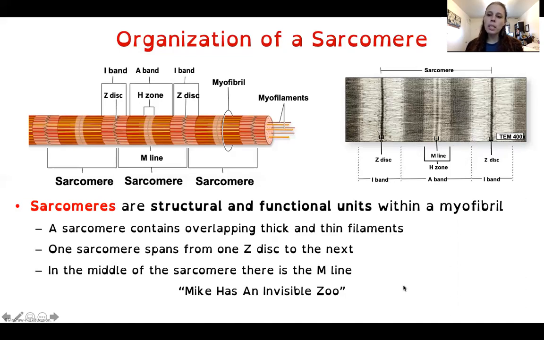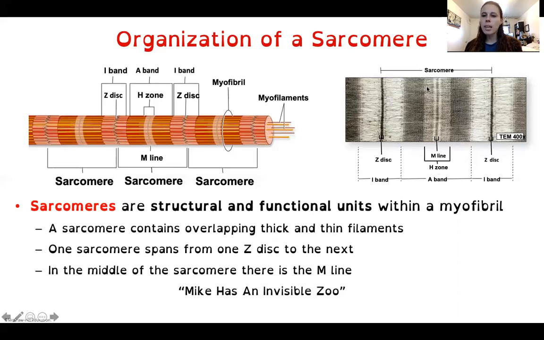One way to remember these is this mnemonic that I came up with. Mike has an invisible zoo or an invisible zebra, whatever you want. So you start from the middle of the sarcomere, Mike, so M line, then has, H band, then an, so A band. And by the way, zone and band are the same.